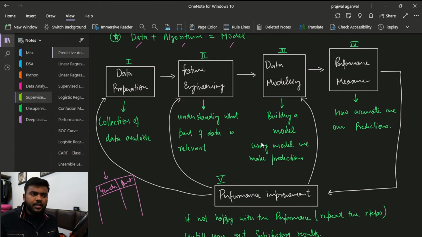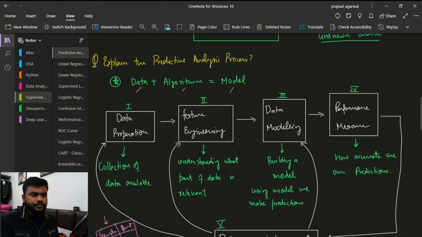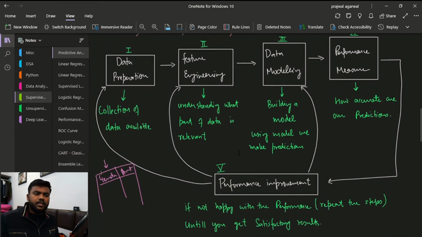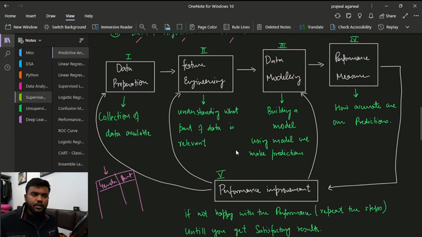You build a model by applying some of the machine learning algorithms or the techniques that we just discussed here. Then we build a model and we make some predictions, and then we do the performance measure of our predictions. We see how accurate our predictions are, and we give some type of rating, which we will see very soon, ROC curve and everything.